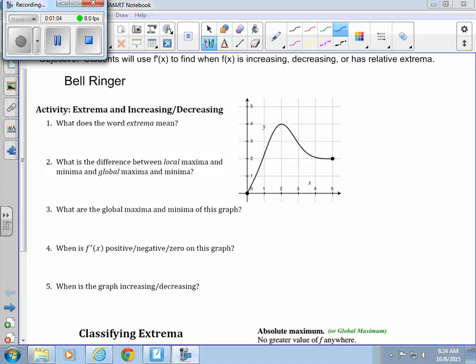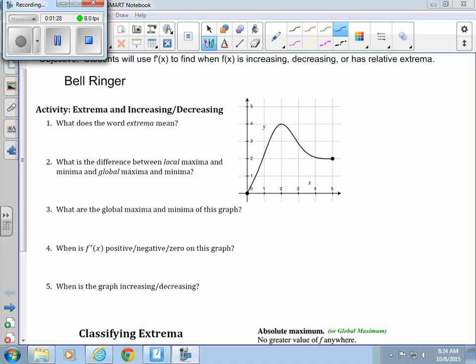I don't know who he is, but there is one. So he's locally a maximum. But is he a global maximum? No. Somebody, I think it's some guy in Mexico right now, tech company, I think. So he still is a local maximum, but he's not a global maximum. So that's the difference between local maximum and global maximum.